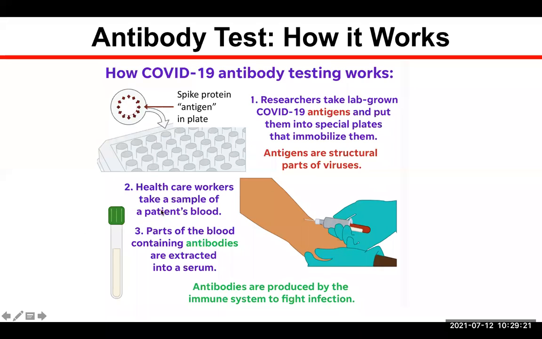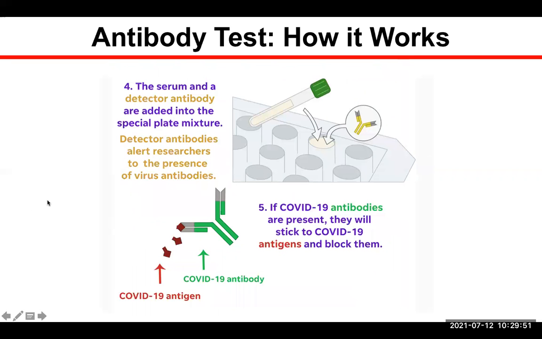Again, the healthcare workers will take the blood sample and process it, so you can have either serum or plasma, and then that serum or plasma is added into the respective plate. They usually allow it to sit for an hour or two to allow that antibody-antigen interaction.